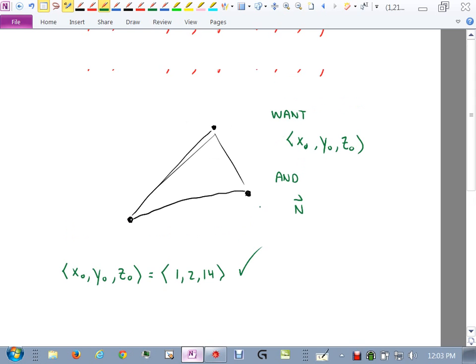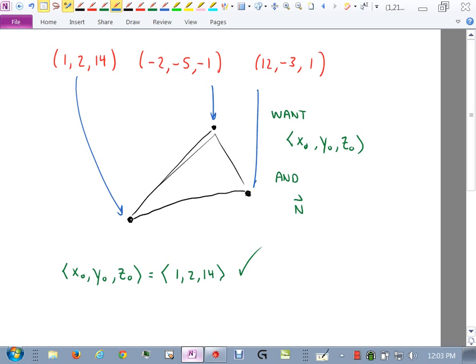Now, let's get our normal vector. So how do we get our normal vector? You said create 2 vectors first, right? So how about we call this point here, this point here, this point here. How about this vector? I'll call it U. What is it? -3, -7, -15.